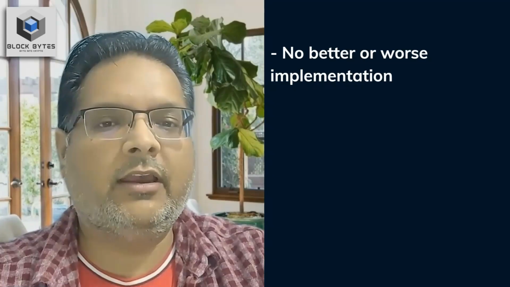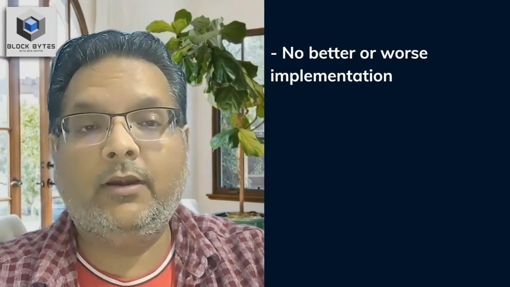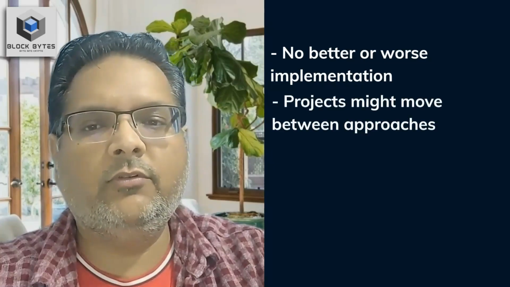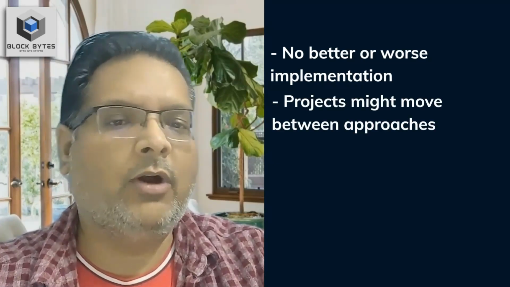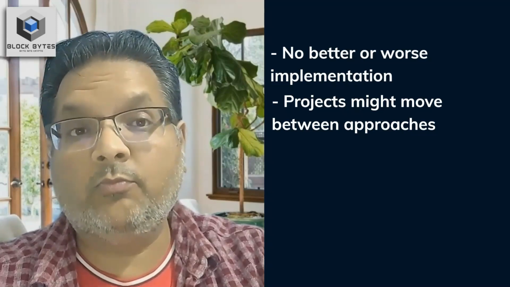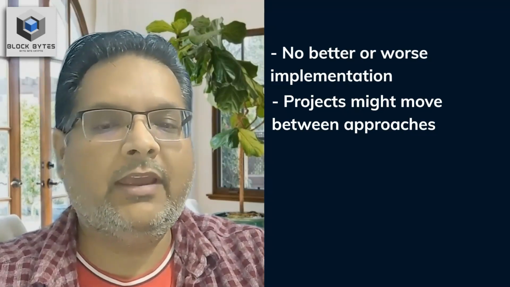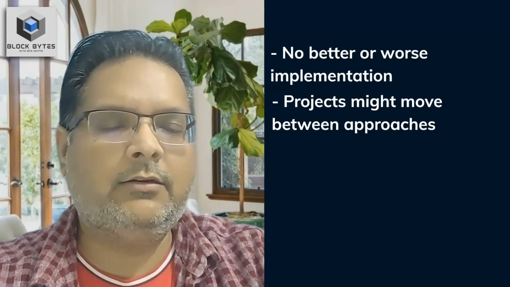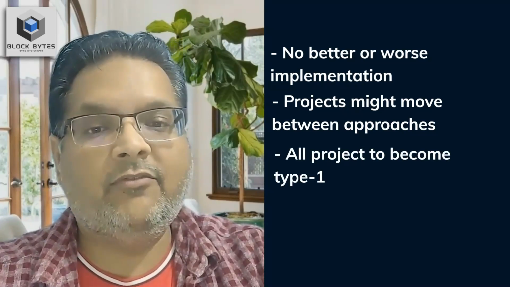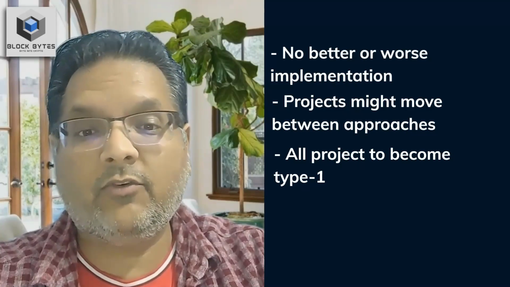It is possible that over time, with more development and research, one implementation could move from a lower number to a higher number, or the other way around. But he hopes that over time, everything will become type 1. In the meantime, be ready for more announcements from these projects.